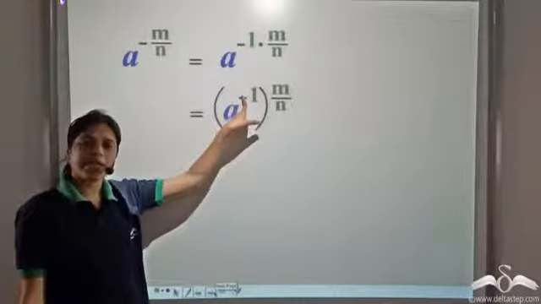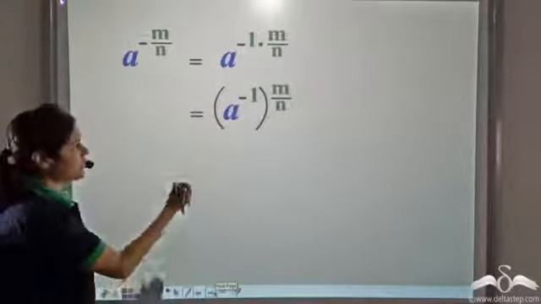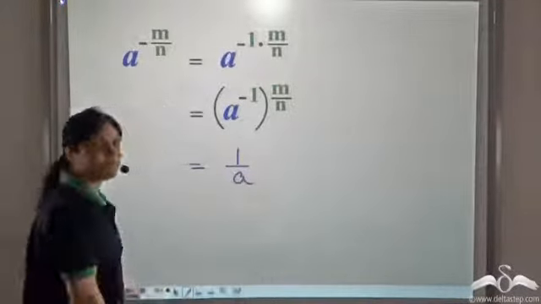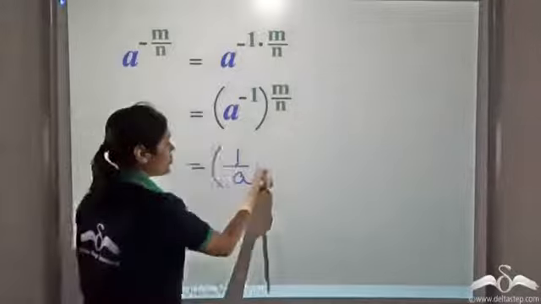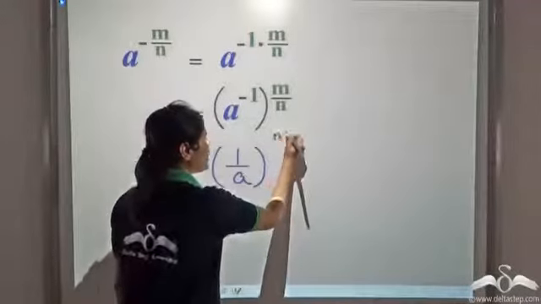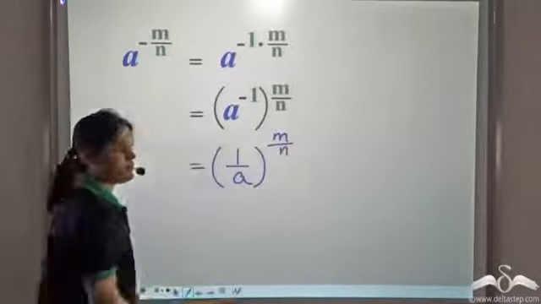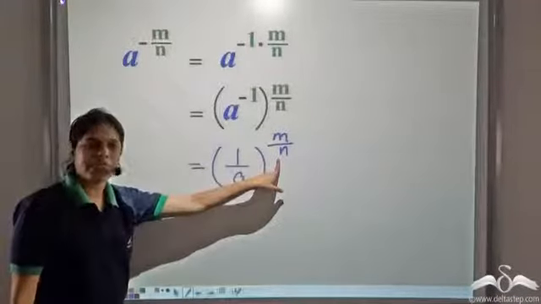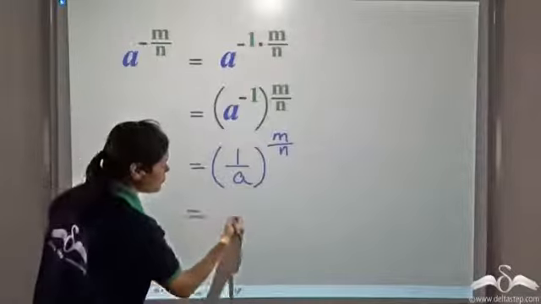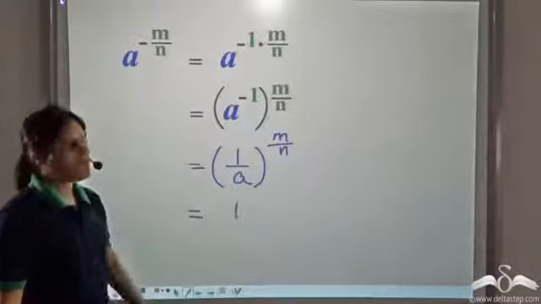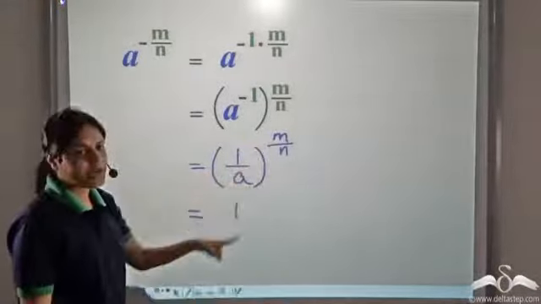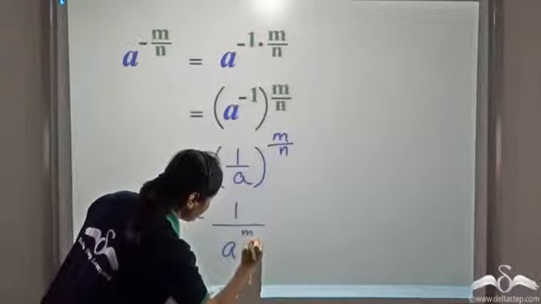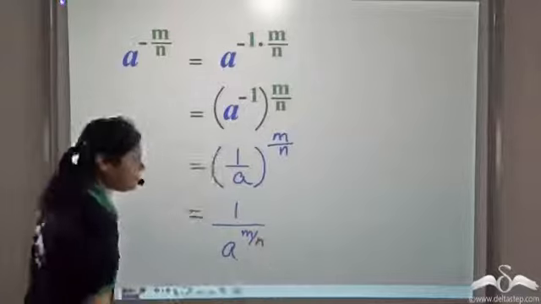Now a to the power minus 1, we know that it can be written as 1 by a. So this is 1 by a to the power m by n. 1 raised to the power any number is equal to 1. A raised to the power m by n is a to the power m by n.